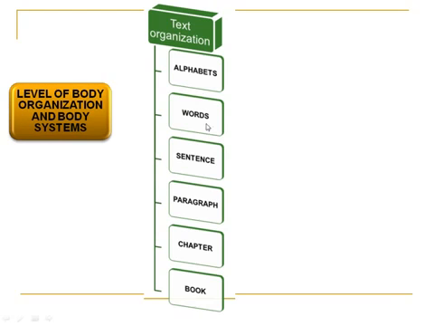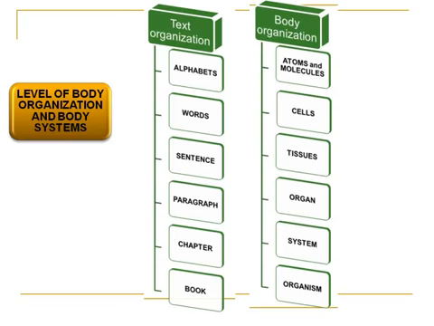The alphabet combines to form words, words combine to form sentences, sentences combine to form paragraphs, paragraphs combine to form chapters, and finally the chapters are compiled to form a book. This is the arrangement of a book, and similar is the topography of the human body.